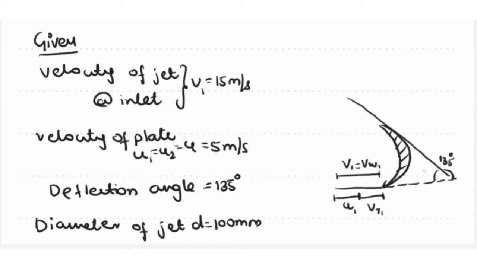Therefore this angle will be equal to 45 degree. So now we will draw the outlet triangle. So this is vr2. This makes an angle of 45 degree, so that is equal to beta 2.